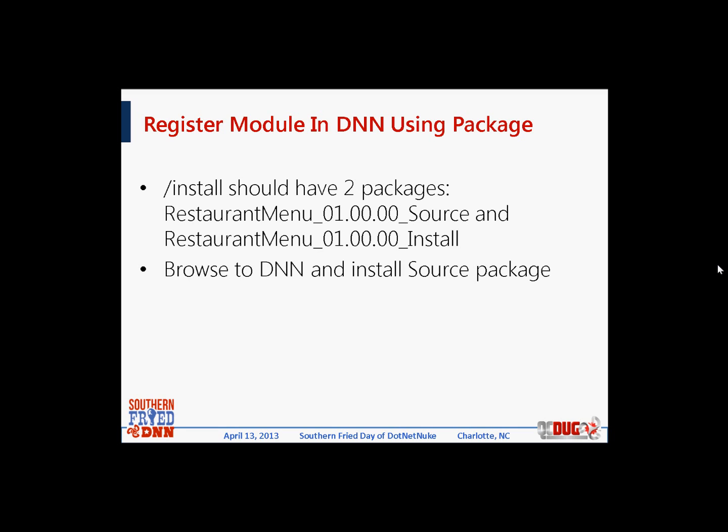I think the difference in this new module for DNN7 that I noticed is, I believe in the previous version it created the actual packages for our install and source in a packages folder in the module project folder. Now I believe there's still a packages folder, but I think it just contains some references and things, or just some dependencies. Now it builds it into a folder called install that's in our project root.